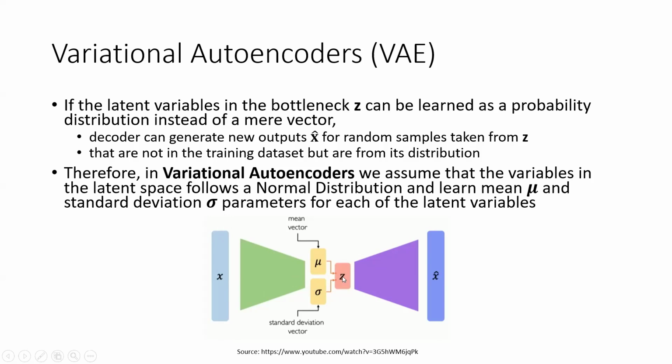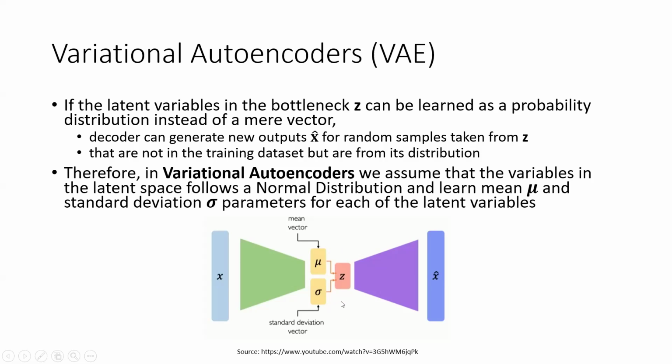So instead of using the exact Z vector, we find the mean or mu value and the sigma value, or standard deviation, of each of these variables in this Z vector, right? So instead of having fixed deterministic values for this Z, we are going to make this layer a stochastic layer.